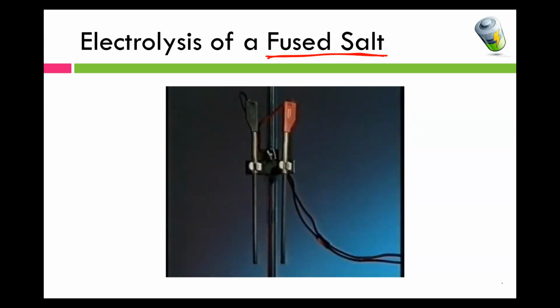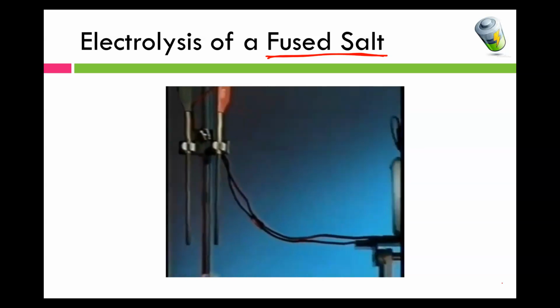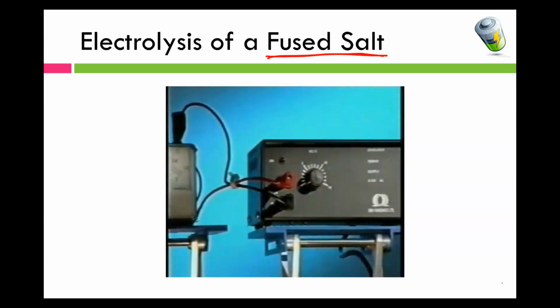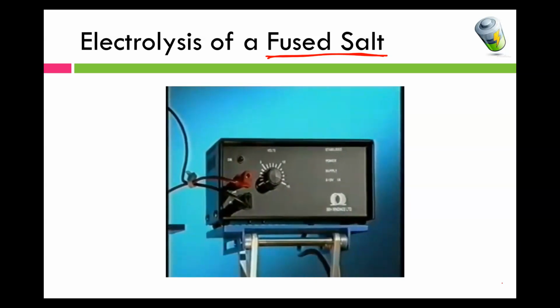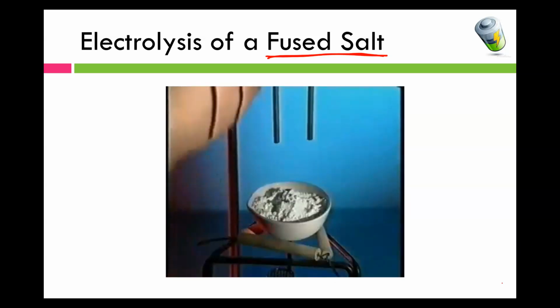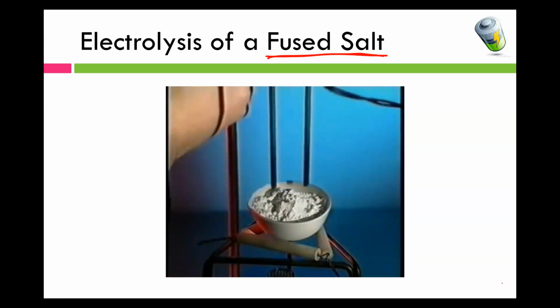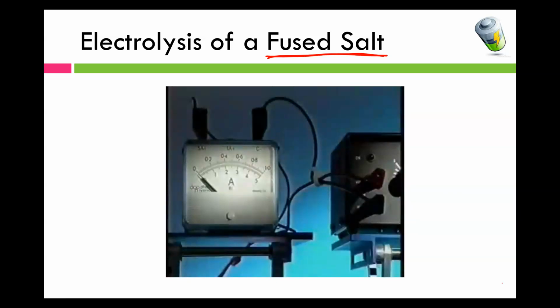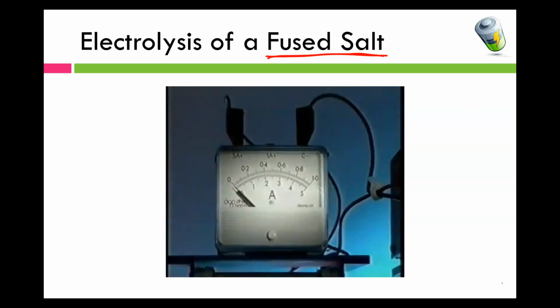A circuit is set up using 2 carbon electrodes, an ammeter, and a power supply. The white powder is lead bromide. Switch on the power supply, and nothing happens. The ammeter reads 0.